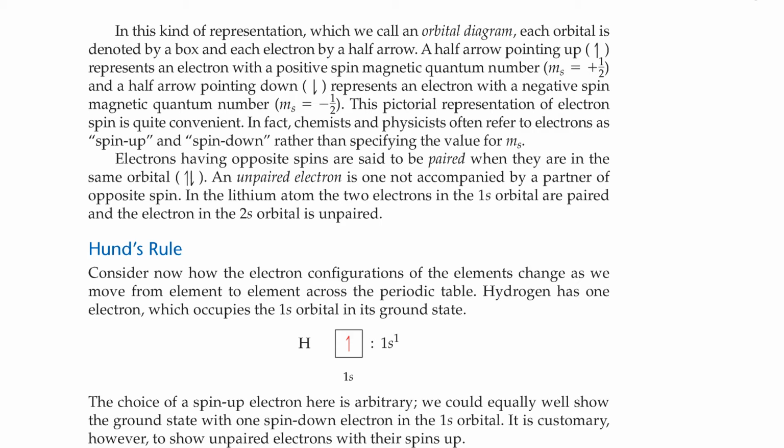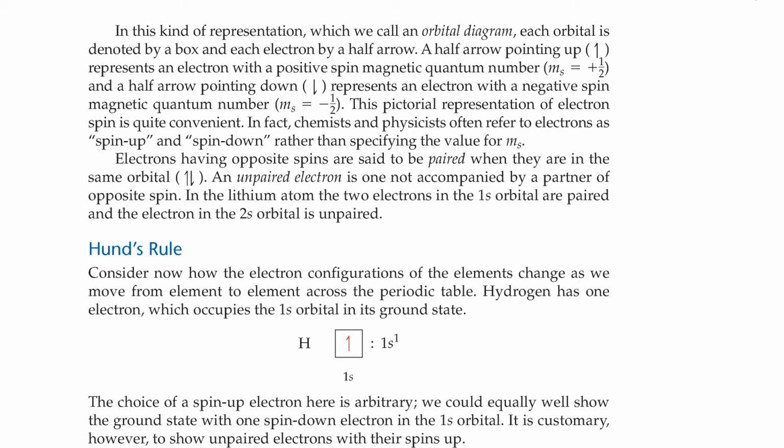Each orbital is denoted by a box and each electron by a half arrow. The half arrow pointing up represents the electron with a positive spin magnetic quantum number, ms equals positive 1/2, and the half arrow pointing down represents the electron with a negative spin magnetic quantum number, ms equals negative 1/2.